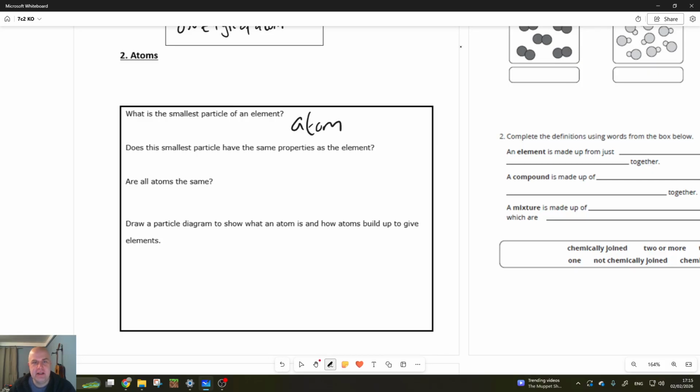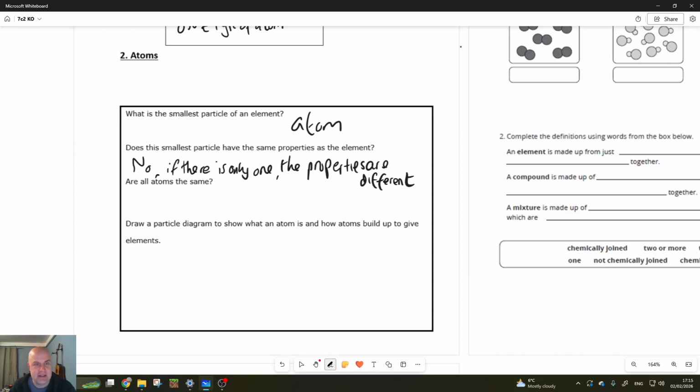Does this smallest particle have the same properties as the element? No. If there's only one, the properties will be different. Equally, if you have a small amount, a few hundred, you have a nanoparticle.